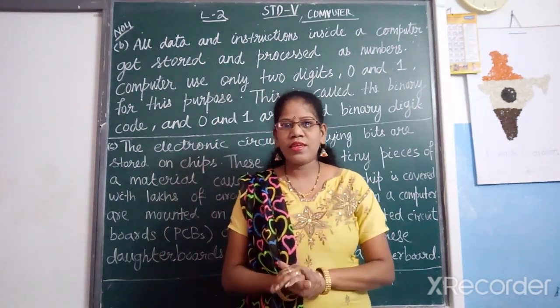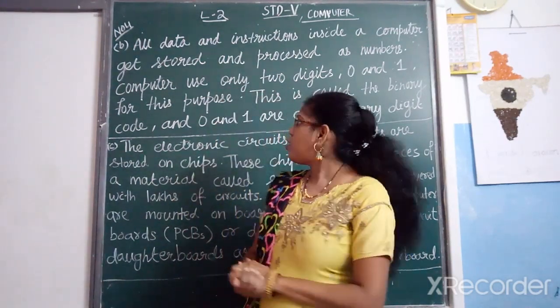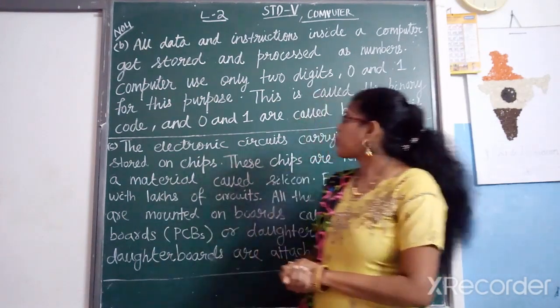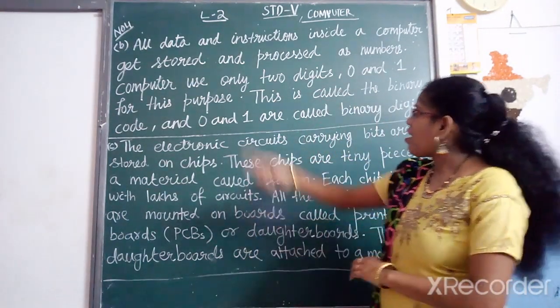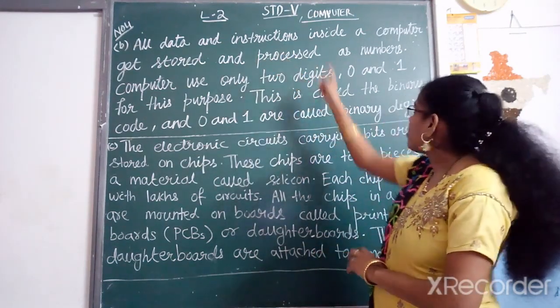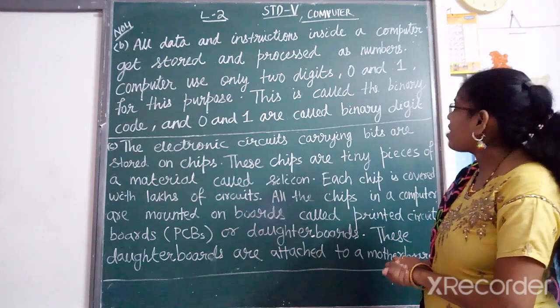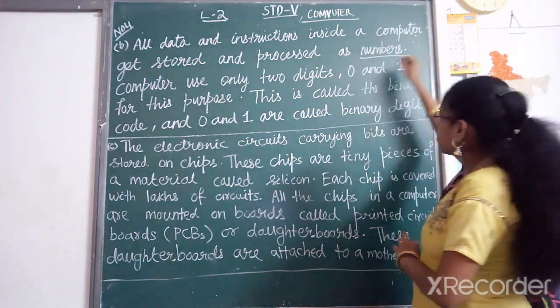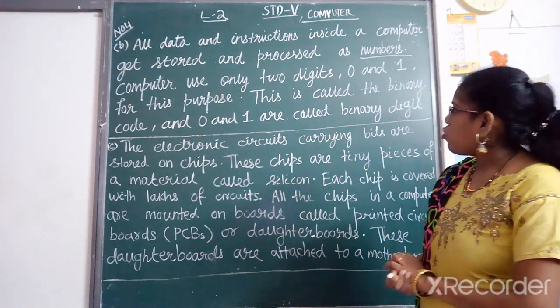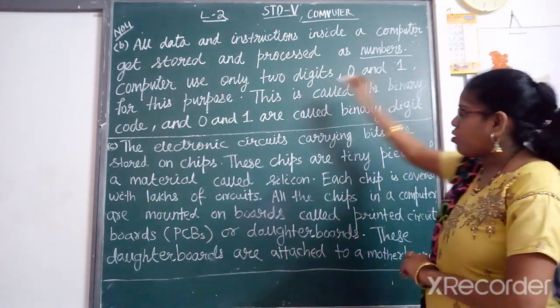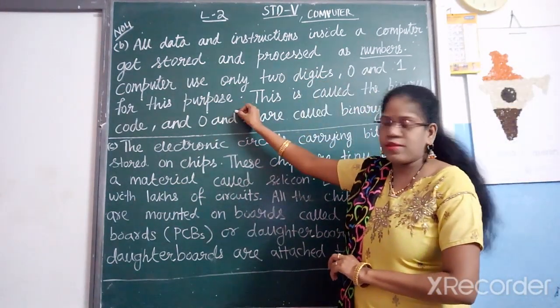So please see the answer of this. What do you understand by a binary code? All data and instruction inside a computer gets stored and processed as numbers. Computers use only two digits, 0 and 1, for this purpose.